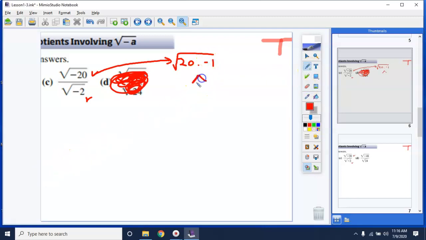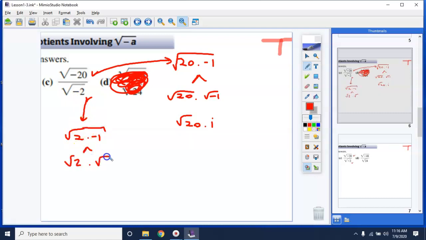Okay, and then square root of 20 separate square root of -1. So it's going to be square root of 20 times i. That's my top part. Let's do the bottom part. So it should be square root of 2 times square root of -1, separate them. So it should be square root of 2i.